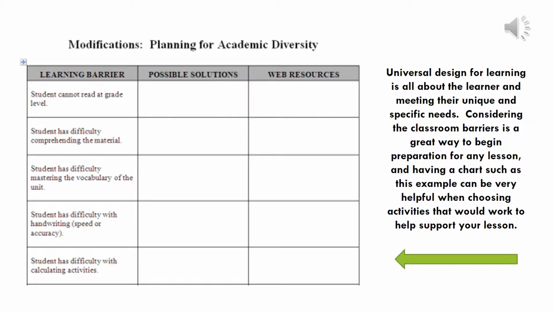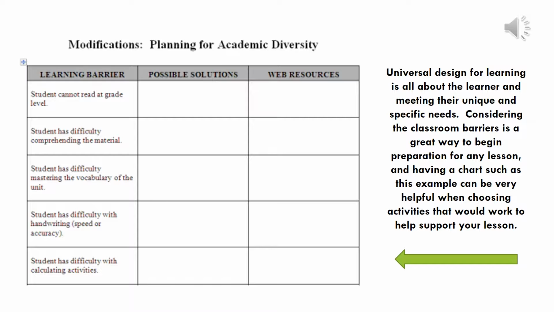Here's an example of something to consider as we begin to talk about UDL. Universal Design for Learning is all about the learner and meeting their unique and specific needs. Considering the classroom barriers is a great way to begin preparation for any lesson. And having a chart such as this one can be very helpful when choosing what activities would work to support your lesson.